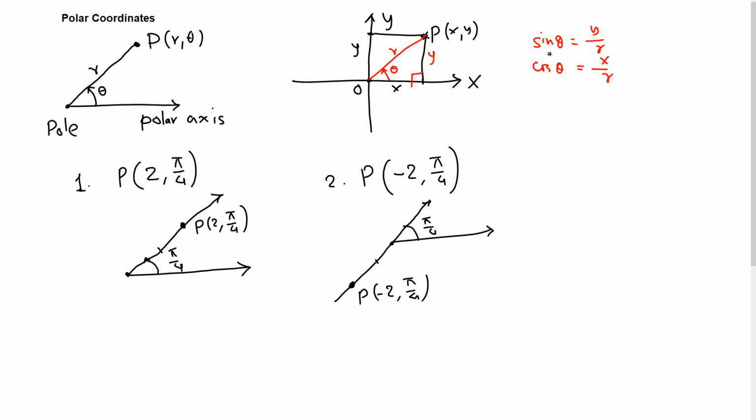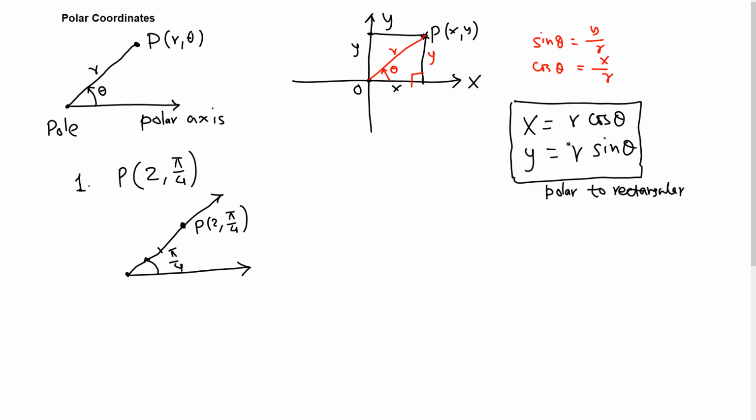We can cross multiply. In this way, if r and theta are given, then we can find x and y. So x is r cosine theta and y is r sine theta.